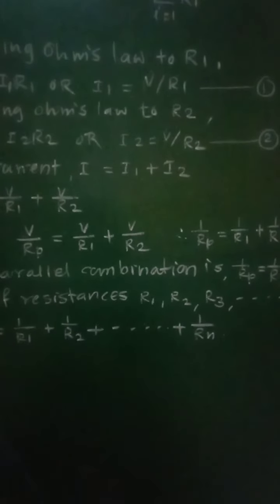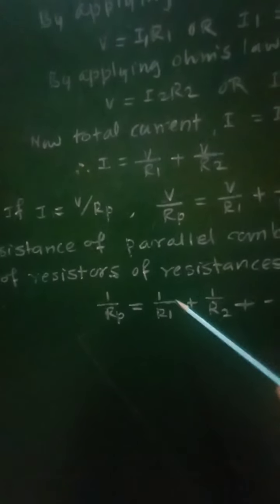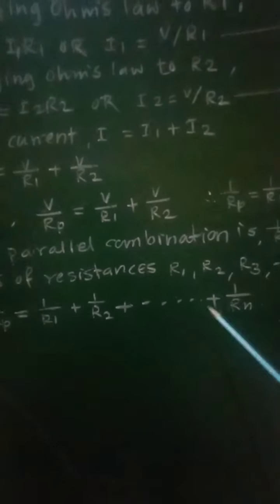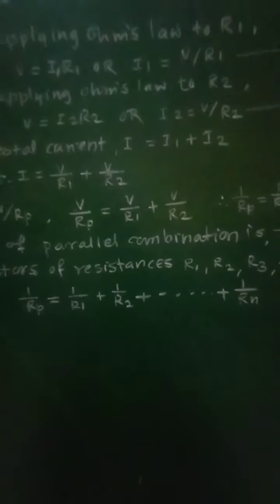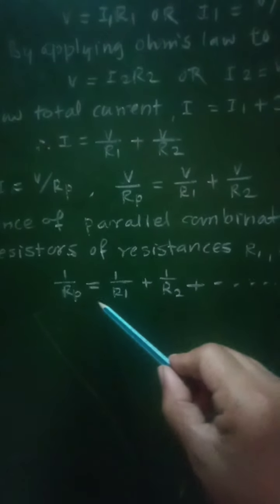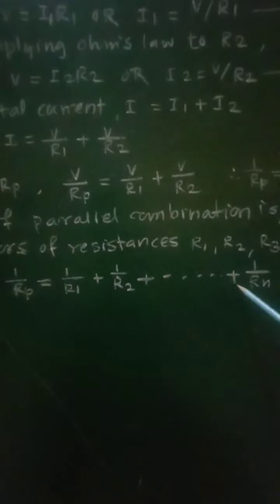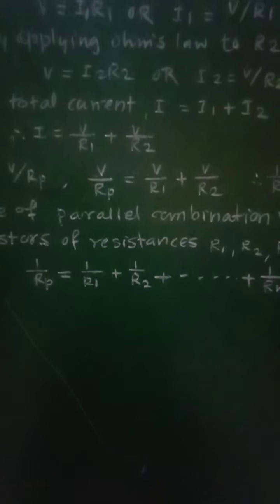So for n number of resistors, we can write 1 upon Rp equal to 1 upon R1 plus 1 upon R2 plus up to 1 upon Rn. And therefore from this relation it is clear that the reciprocal of equivalent resistance is equal to the sum of the reciprocals of the individual resistances, and hence the equivalent resistance is decreased.